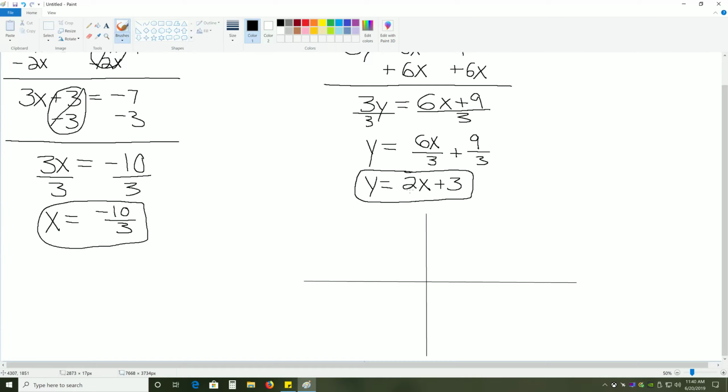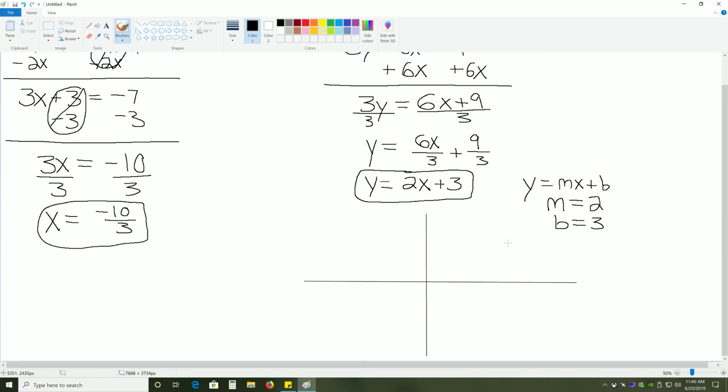And the way slope-intercept form works is you have y equals mx plus b. Notice in this case we have y equals 2x plus 3. So if we were to pick out m and b, that means m has to equal 2 in this case, and b has to equal 3.